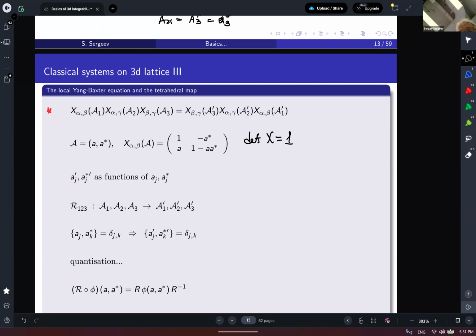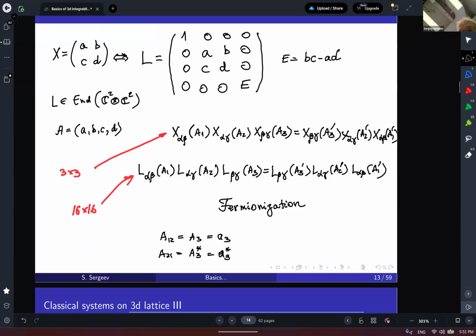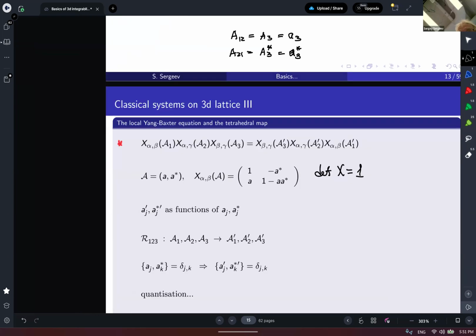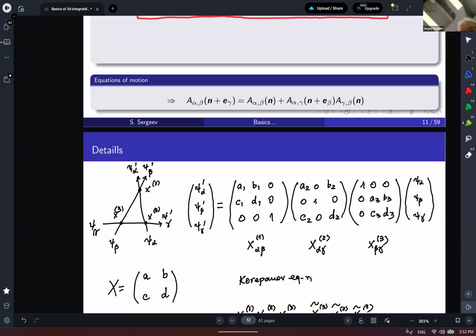So therefore, after Young-Baxterization, after Fermatization, coefficient E is just -1. Well, and then the next step. We are not quite happy with this form of the equation of motion.